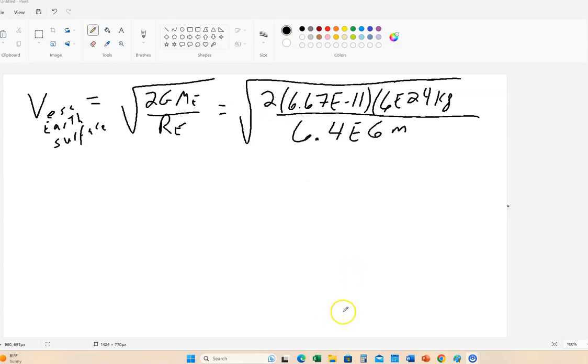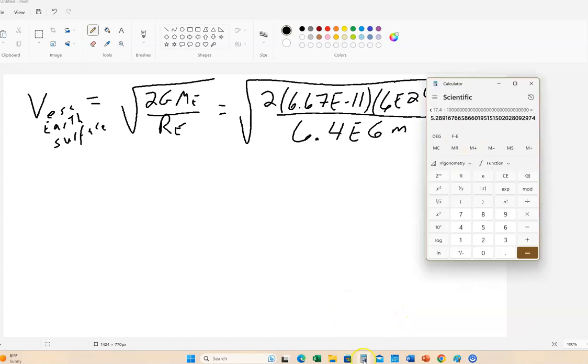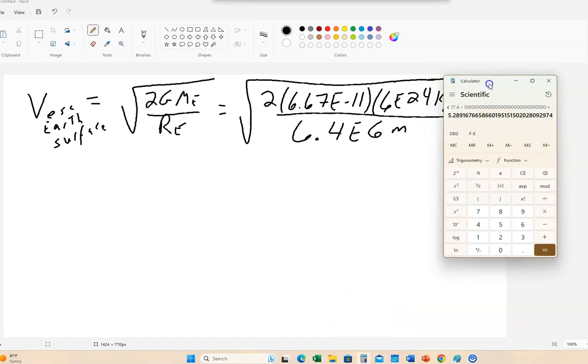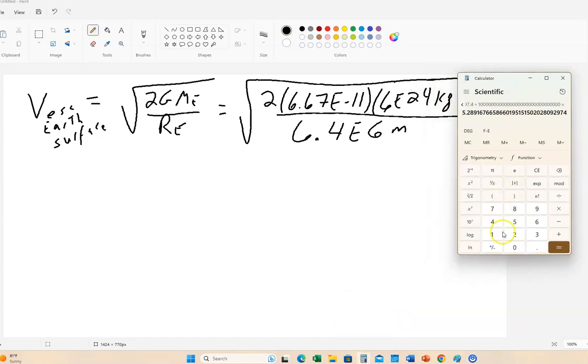All right, so let's work this out. Let's get our scientific calculator. Move that over just a little bit. Let's clear all that.